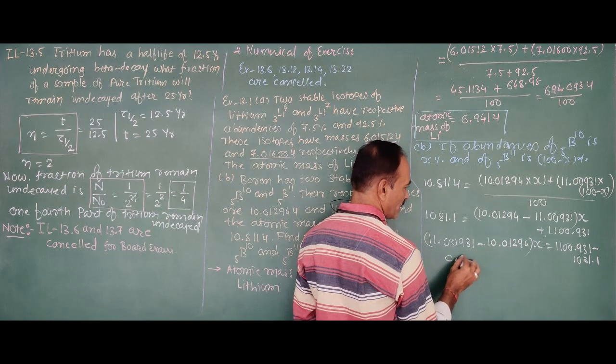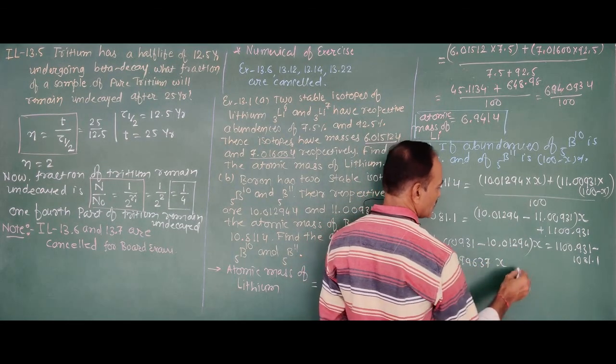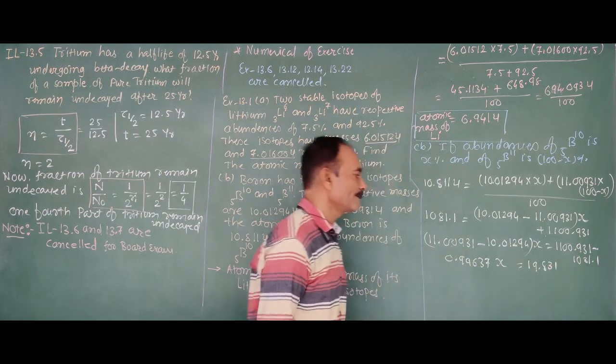Simplification of this gives 0.99637x is equal to 19.831.